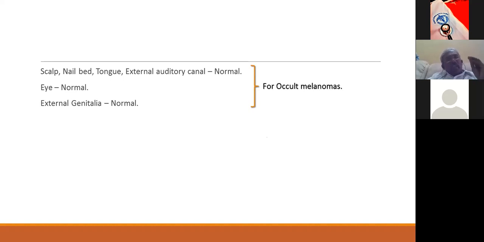It is very difficult to find out unless you do a rectal examination or a proctoscopic examination. Otherwise, if the patient says I've been diagnosed already, it is very difficult to say on clinical examination. Even in uveal melanoma or any other orbital melanomas, unless the patient has very advanced disease, it is very difficult to examine clinically.